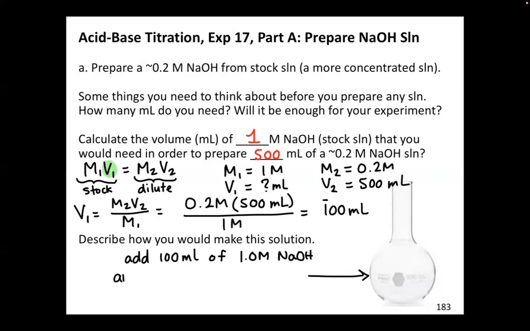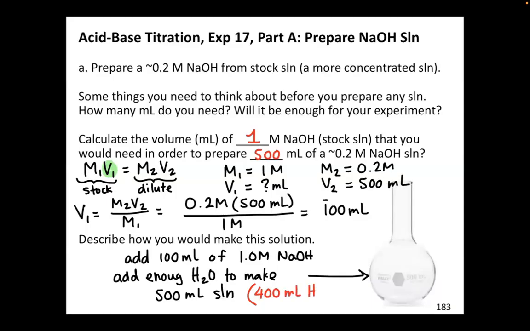And the key word here is we're going to add enough water to make a 500 ml solution. For those of you who are doing your math, that means we are adding 400 ml of water. 100 ml of the stock solution plus 400 ml of water to dilute the sample makes the 500 ml. Let's go make this solution.